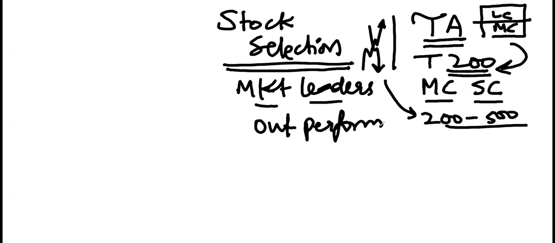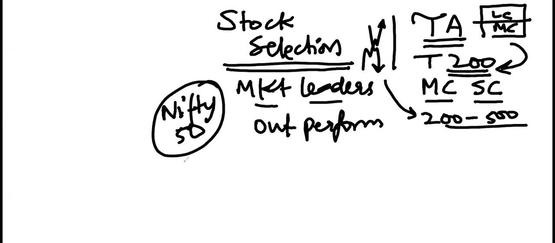Now, obviously, in our country, we follow Nifty, correct? Now, whatever is the performance of Nifty, let's say in the last 3 months, suppose Nifty in the last 3 months has gone up by 20%. So we need those stocks which have performed better than 20% in the last 3 months. Those stocks are obviously in some kind of momentum. We need those stocks.